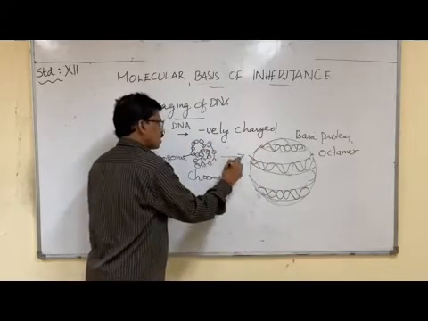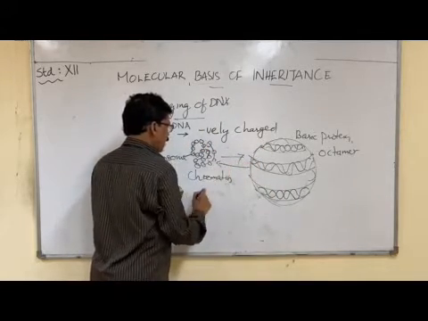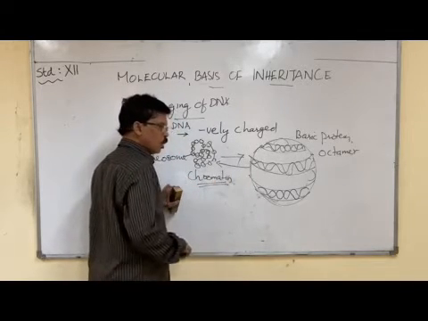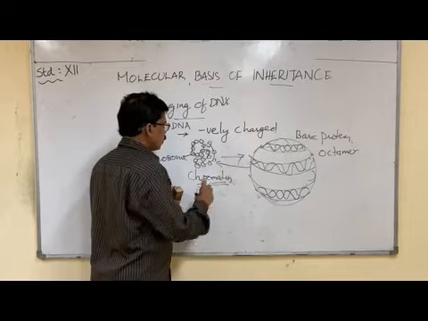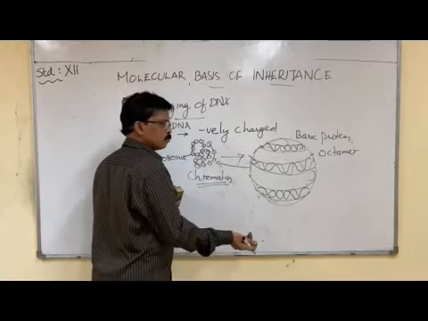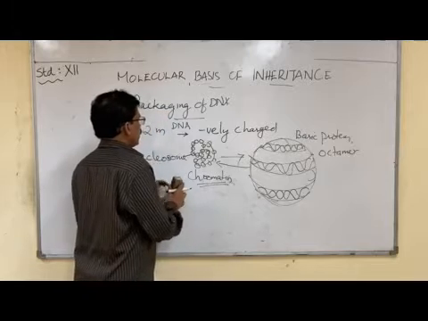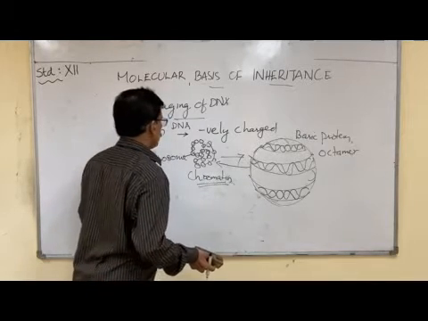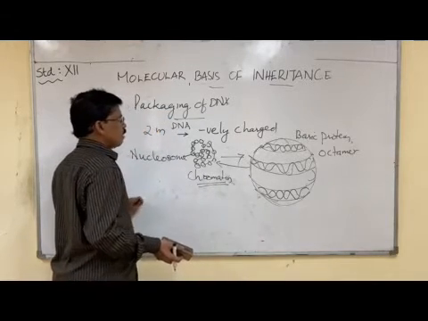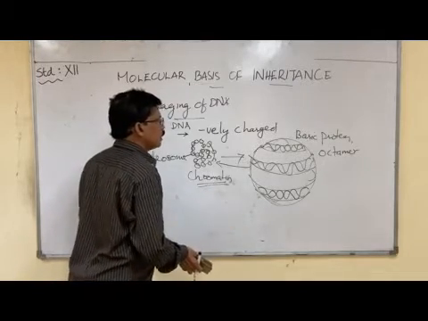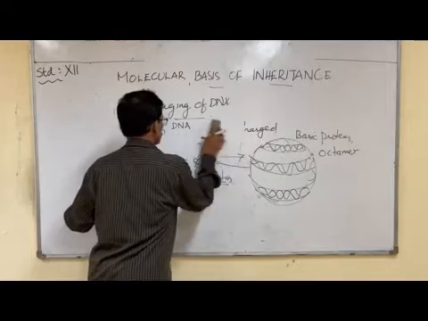Like that, hundreds and thousands of nucleosomes are arranged in the chromatin fiber before the cell divides. But once the cell divides, the chromatin thread becomes a chromosome, a rod-like structure. So in a nucleus, the DNA is compactly arranged and wrapped around what is called the histone octamer.